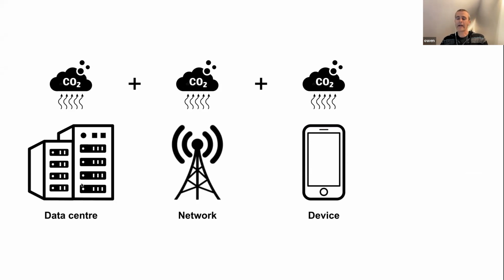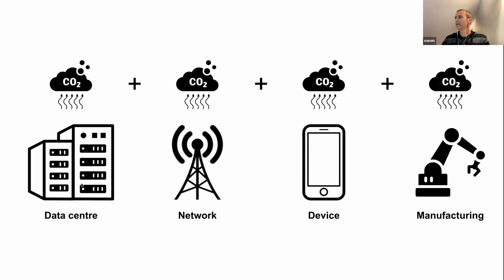For the device to render your website or service, to do any sort of data processing, is going to consume power on that device. That device is going to be charged or powered based on the grid wherever your user happens to be located. So that, again, emits carbon dioxide and other greenhouse gases.